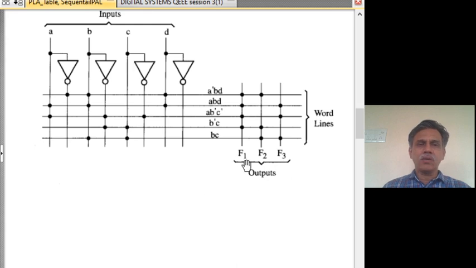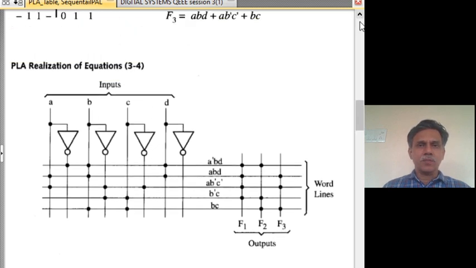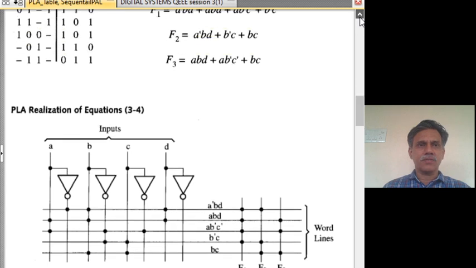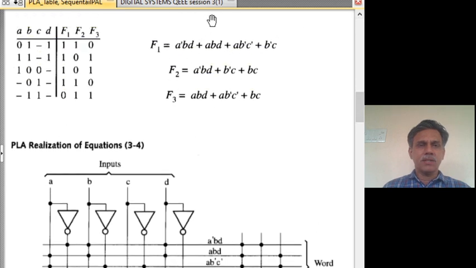Then we can write down these F1, F2, F3 as sum of products of the variables A, B, C, D. Suppose the expressions for the functions are given by this form, then we can generate all these product terms, and then OR them together. So, we need a way of generating such product terms and later to OR them together.